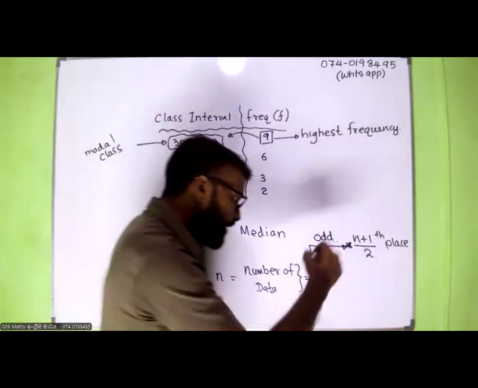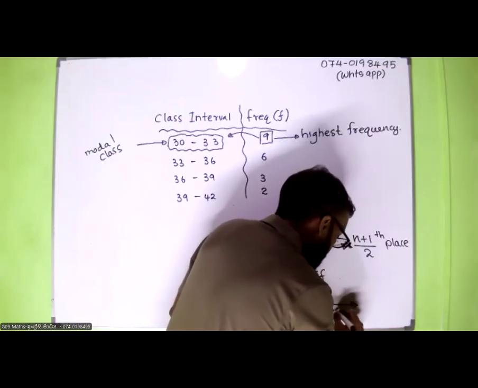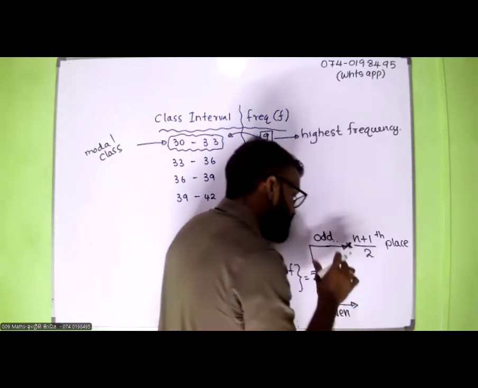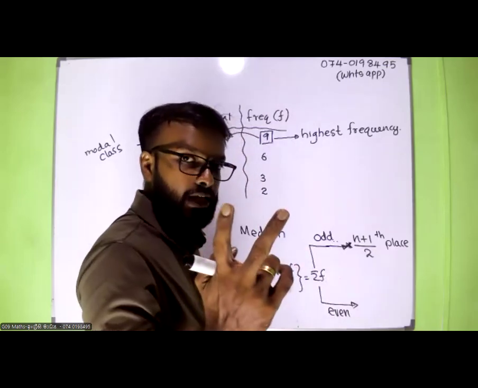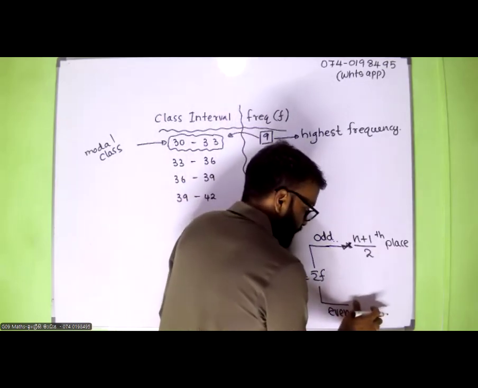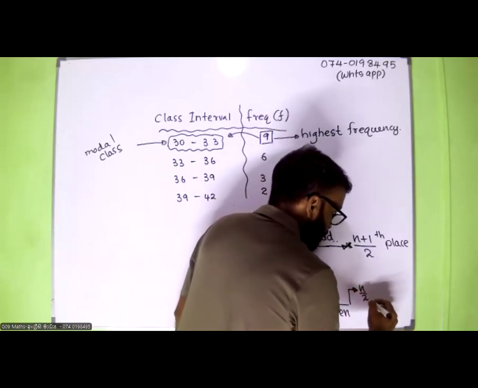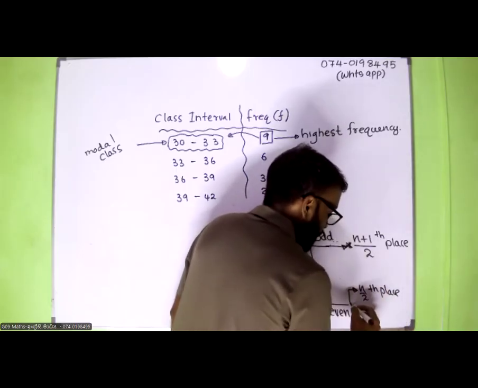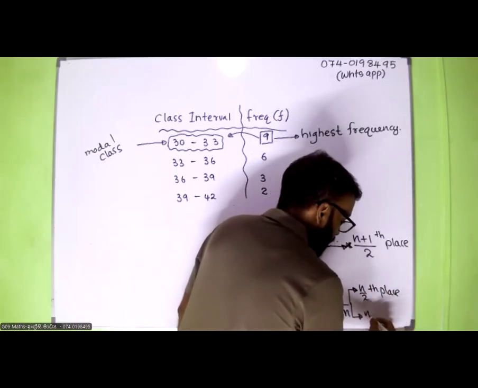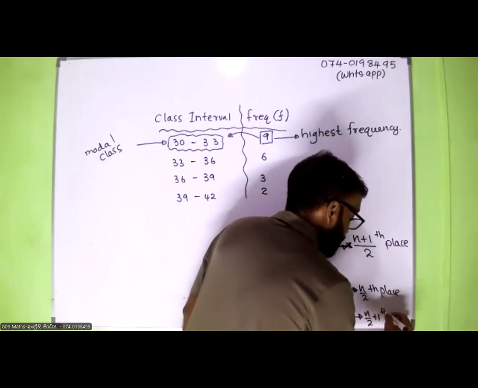When n is odd, and when it is even, we are going to find two places near the middle. We are going to find the n divided by 2 place, and the n divided by 2 plus 1 place.